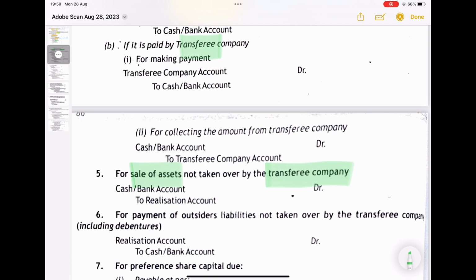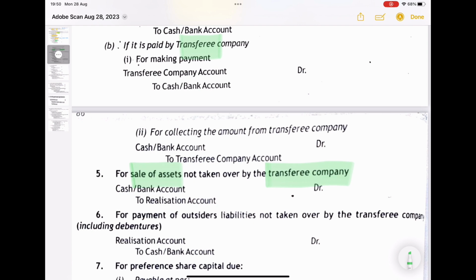In certain cases, they will ignore a few assets where the amount is very minimal or they don't require. Sometimes during acquisition, they will not acquire the furniture, debtors and the stock. They will give it back to us. So during that time, I myself am going to sell those assets.